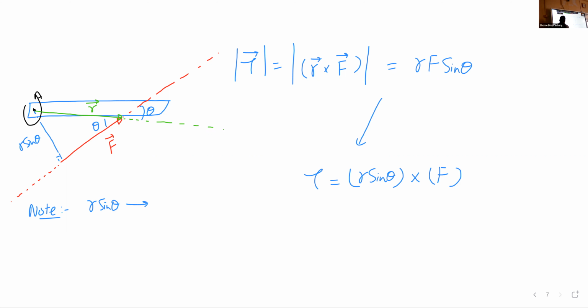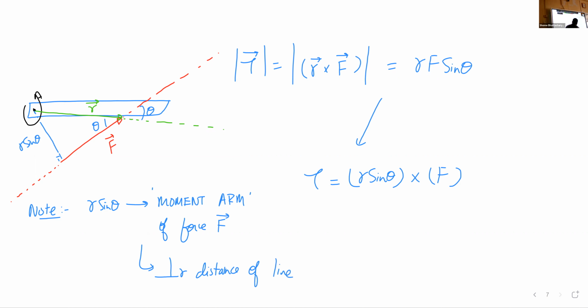It is called the moment arm of force F. And what it means is that it is the perpendicular distance of the line of application of force with respect to the axis of rotation.